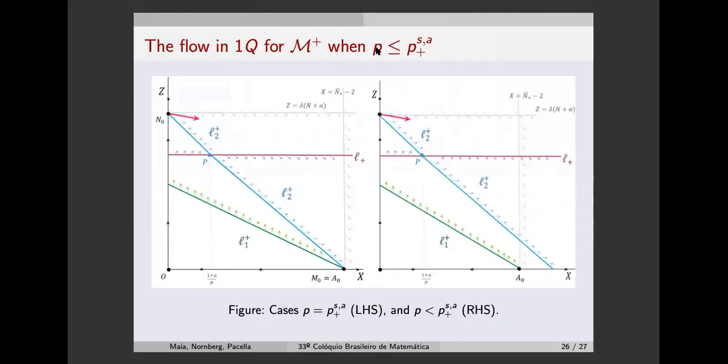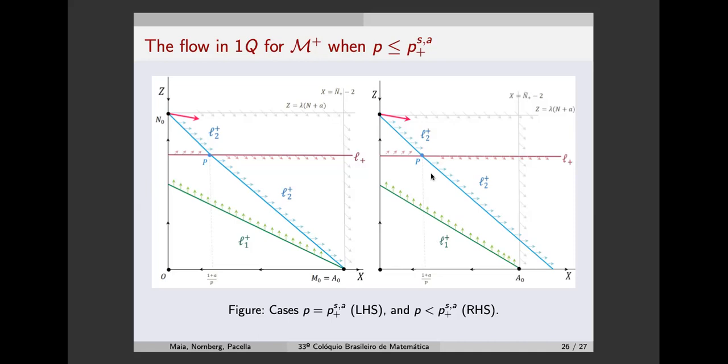What happens, for example, when p is less than p_sa? In the first quadrant for the Pucci plus operator, we have two possibilities. If p equals p_sa, then you have M0 and A0 coinciding as the same stationary point.